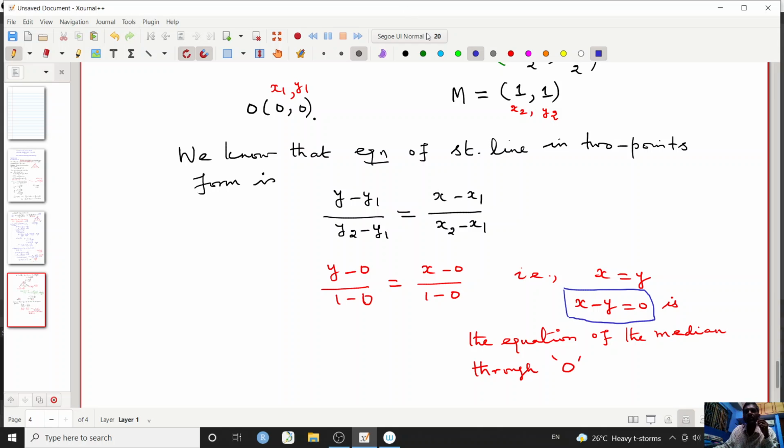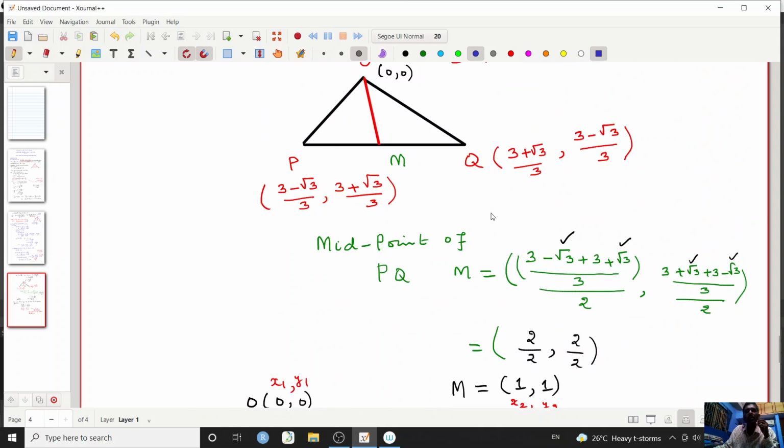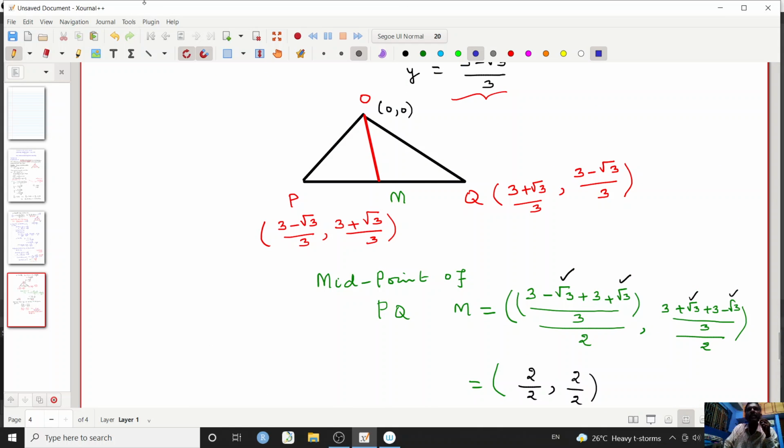So what is the moral of the story? We are asked to find out the median through the origin. For that, we are given a pair of straight lines. We have factorized the homogeneous equation into 2 separate equations, namely OP and OQ.